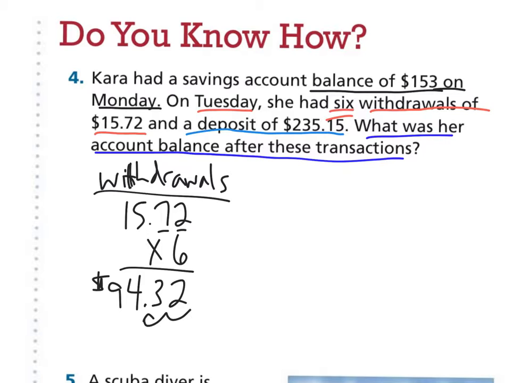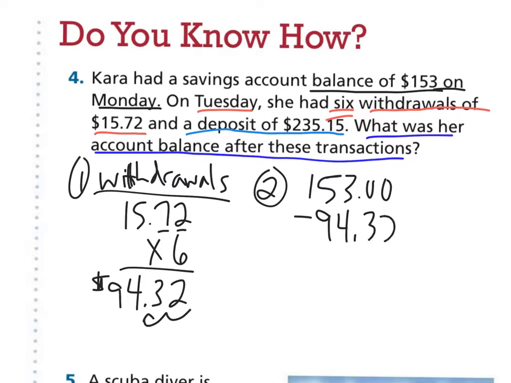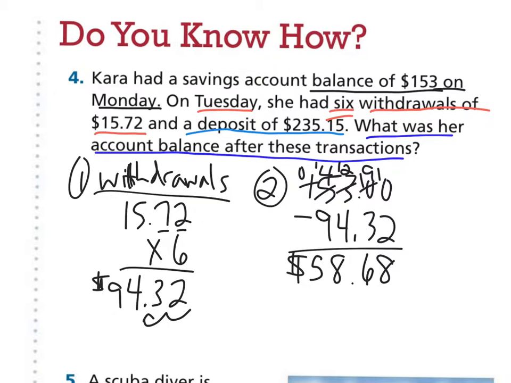So we could then look at, we had $153. With all our withdrawals, we're taking out $94.32. This would be one way to do this problem. So that'd leave us with $58.68.